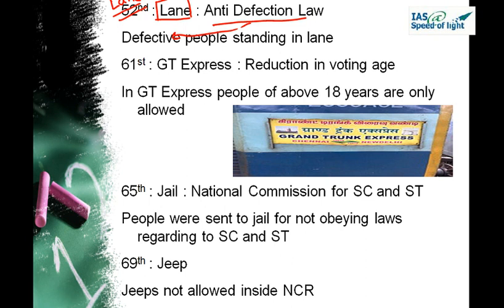So defective people standing in lane. We also linked defection with hen, and hen is 10 for us. So the 10th Schedule deals with the anti-defection law. And which Constitutional Amendment Act deals with anti-defection? It is 52, lane. Defective people are standing in queue or in lane.